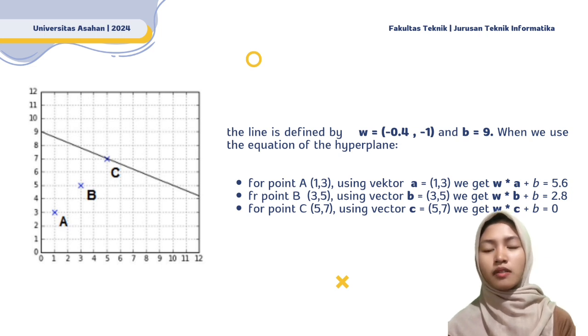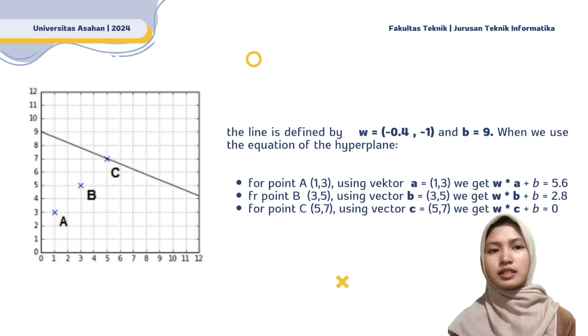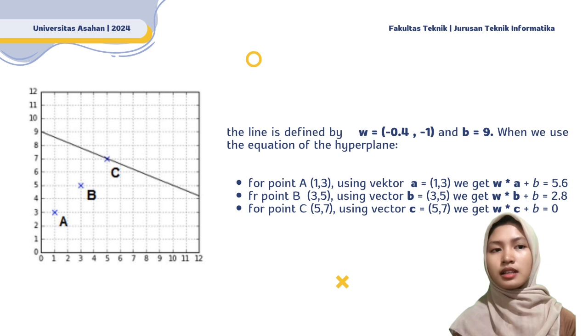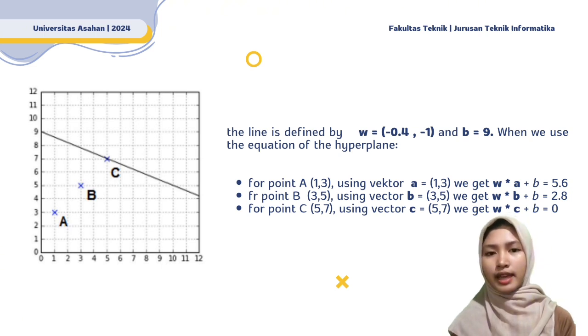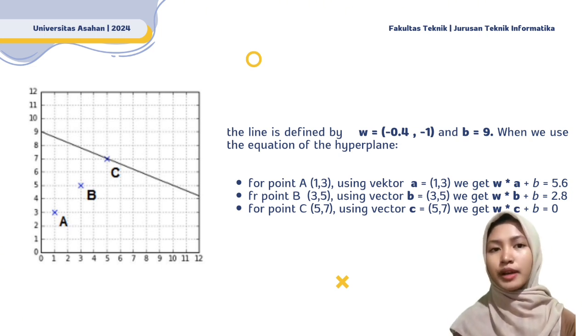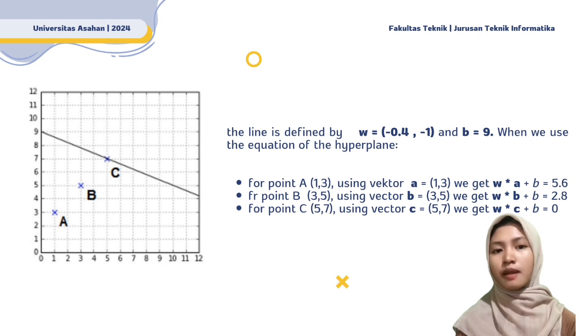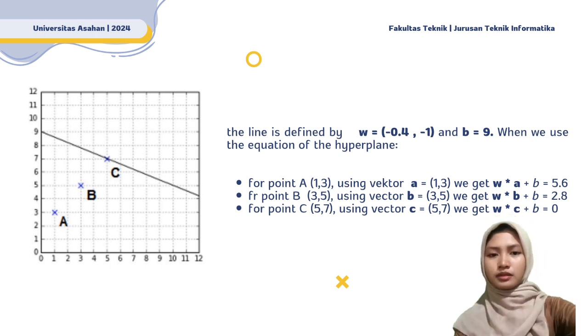And then for point B (3, 5), using vector b = (3, 5), we get w·b + b = 2.8. And for point C (5, 7), using vector c = (5, 7), we get w·c + b = 0.